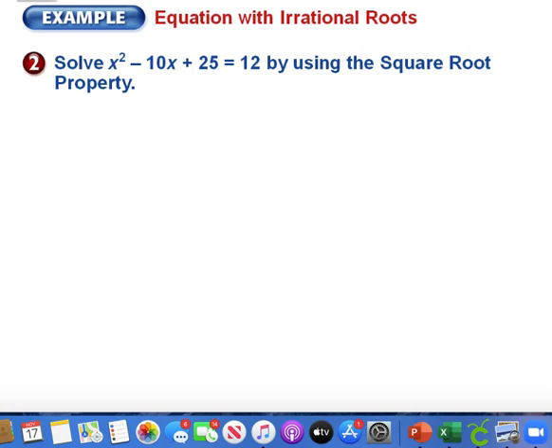Okay, so let's look at one that might not turn out so perfect like the last two. So I verify, first of all, do I have a perfect square? So I'll take that negative 10 divided by 2 and square it. That gives me negative 5 squared is 25. So it is a perfect square trinomial.